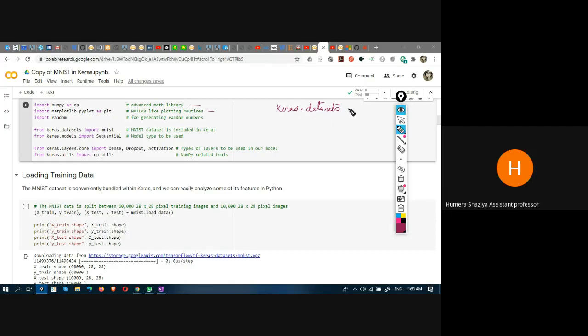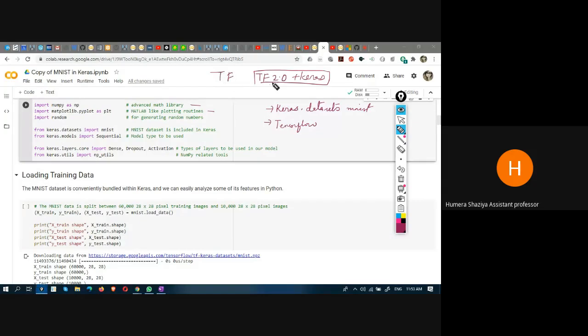And from this, you are importing the MNIST function. This can also be written as tensorflow.keras, because for TensorFlow 2.0 and above, Keras has been built into it. Now it is TensorFlow and Keras together in TensorFlow.